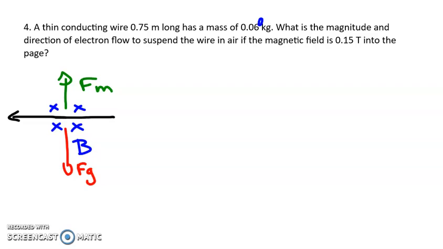And so the direction of the electron flow is going to be to the left of the page.